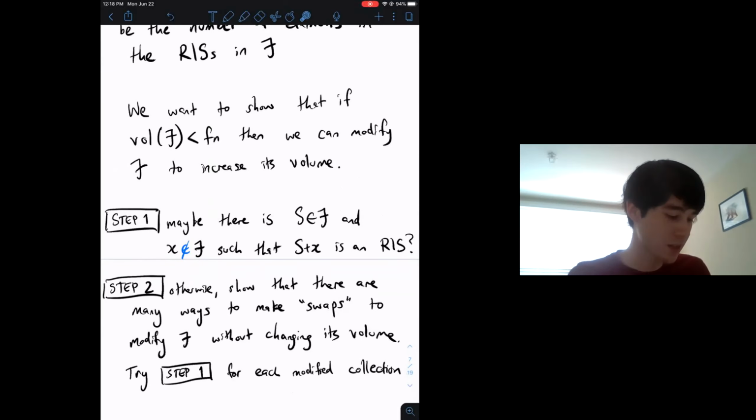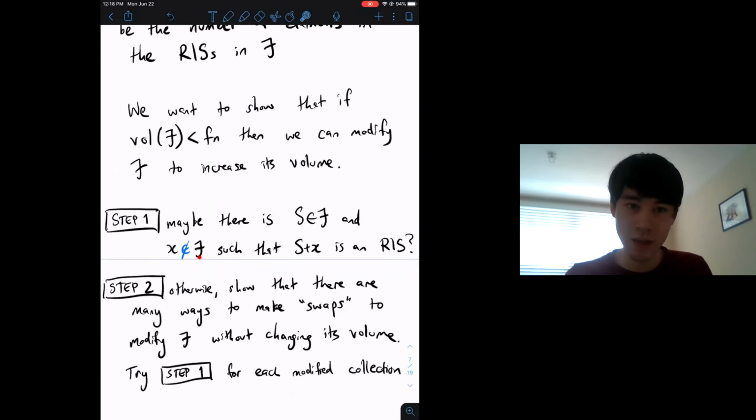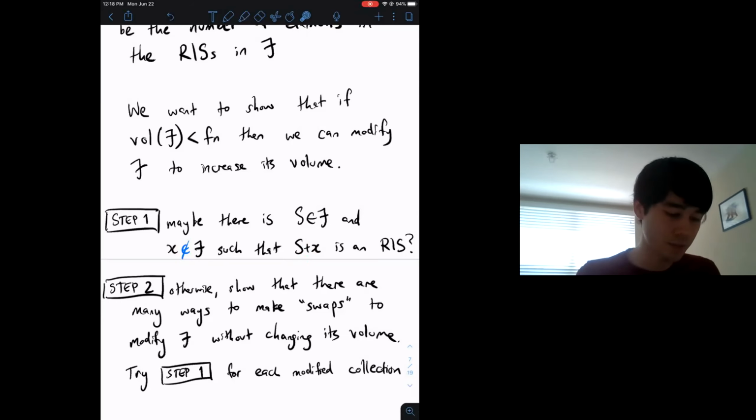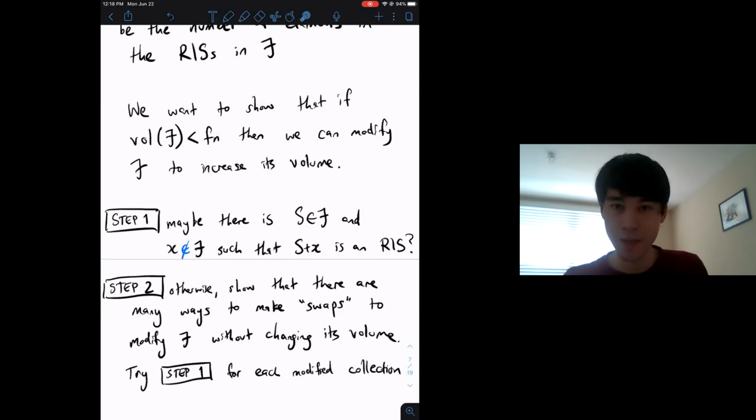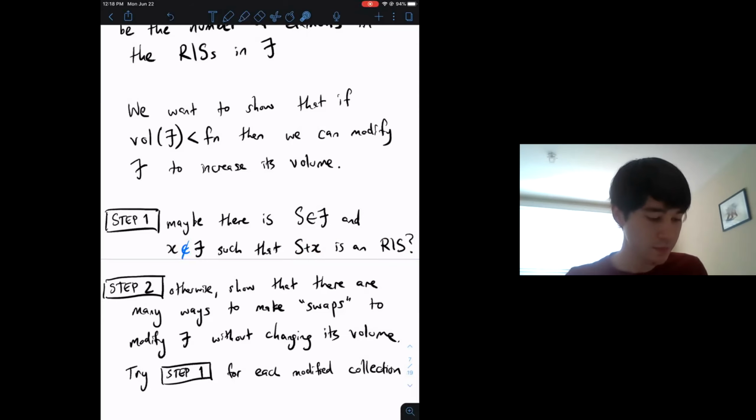Maybe there is some element which doesn't already appear in my family, such that I can just add it to one of my rainbow independent sets. Because it didn't already exist, it preserves disjointness, and maybe I can just add it to something and maintain the rainbow independent set condition. So this would just be saying that the curly F is not maximal. So I can add something.